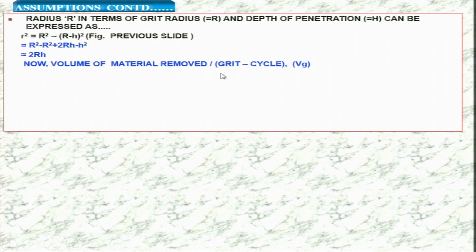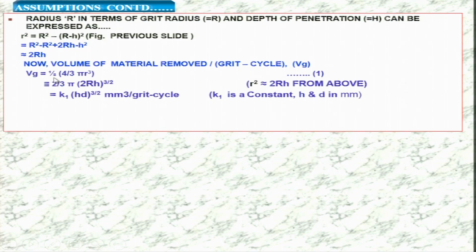Now volume of material removed per grit per cycle, Vg, is 1 by 2 multiplied by 4 by 3 pi r cube, and if you simplify this becomes 2 by 3 pi (2Rh) whole raised to power 3 by 2, because r square is approximately equal to 2Rh. That is what we have derived in the earlier equation.